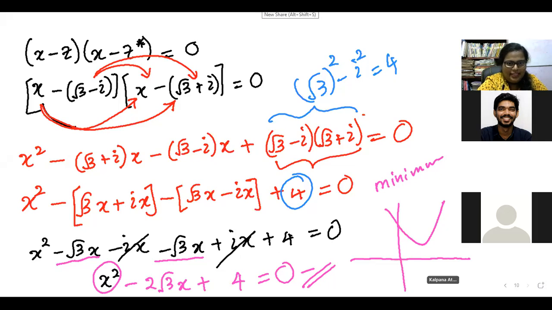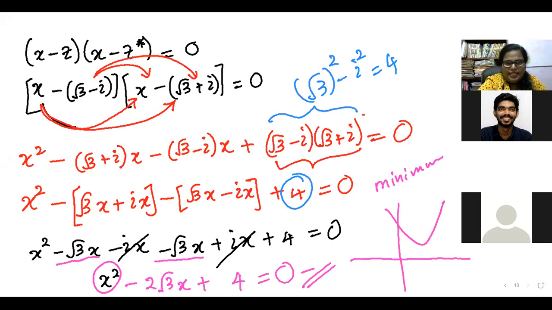If you want, I can explain again about forming the quadratic equation by using this one. Somebody is saying yes. Okay, all are saying yes. So I guess that all are okay with this one, right?